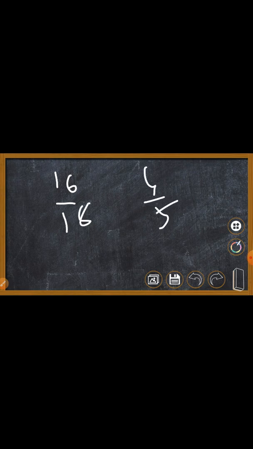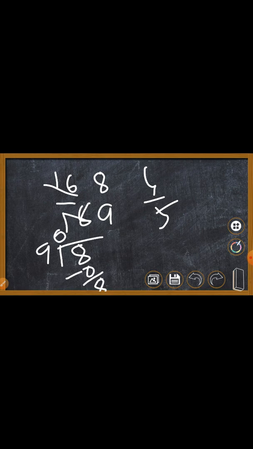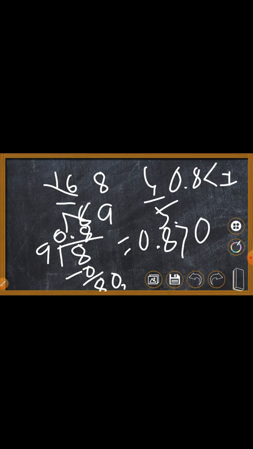If you divide and check, suppose this one, 16 by 18, if you start dividing, 9 zeros are 0, then I'll put a point, a 0 will come down, 9 8s are 72, so it becomes 0.8 and then it will continue. So this value is greater than 0, but 0.8 is less than 1 as well. So every proper fraction is greater than 0 but less than 1.